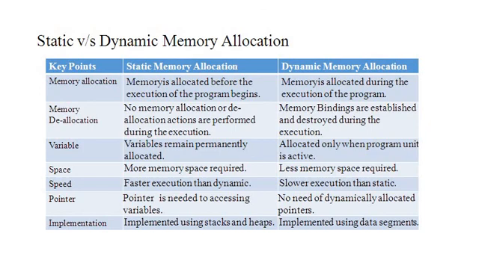And third one is static versus dynamic memory allocation. In your activation records, there are a total of 7 fields: temporaries, local variables, saved machine status, access link, control link, actual parameters, and return values. So in runtime memory management, there are 3 topics we discussed. Thank you.